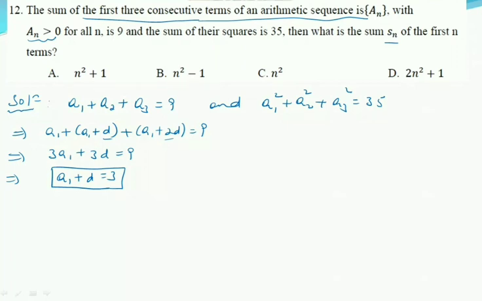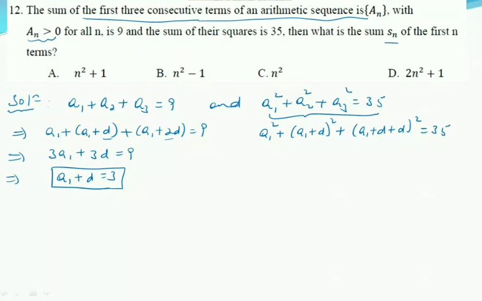Now we can also observe a1 squared plus a2, meaning (a1 plus d) squared, plus a3, meaning (a1 plus 2d) squared, is equal to 35.